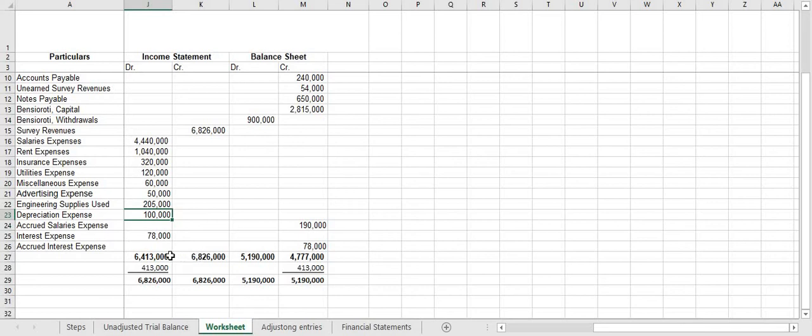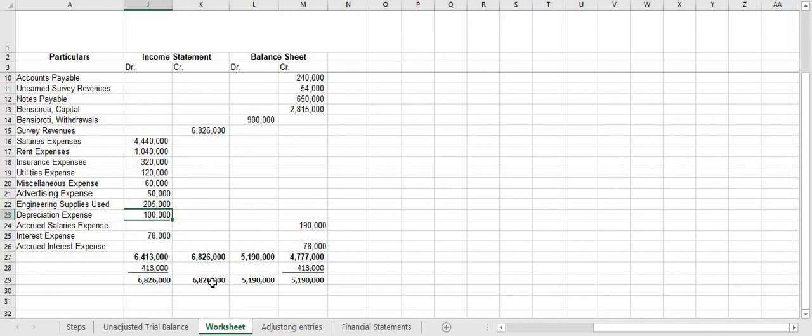So, you get the difference and place it below the debit balance in the income statement. In this case, we put the 430 here. Then you add, and after adding, the two should be equal, of course, because that is just the difference between the two.